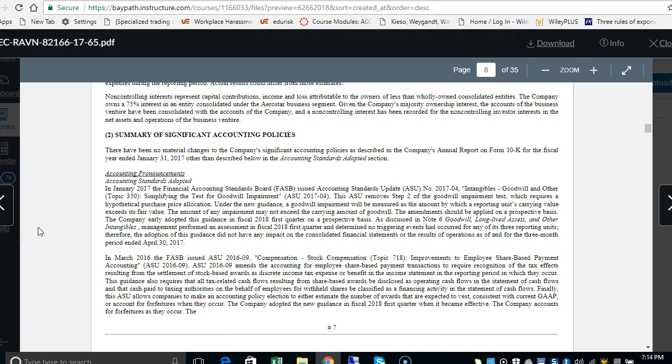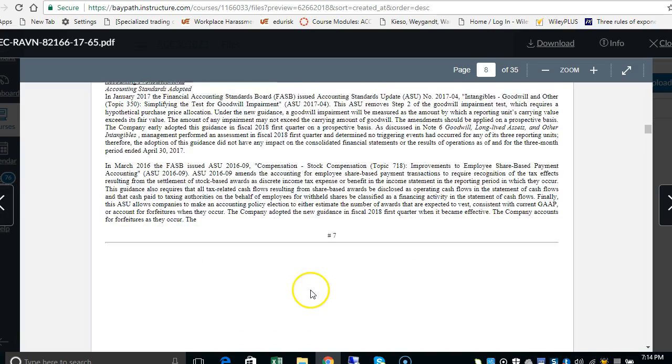They have now simplified the test for goodwill impairment. So they discuss that. They talk about the compensation, stock compensation, improvements to employee share-based payment accounting. So they update the accounting pronouncements for that.